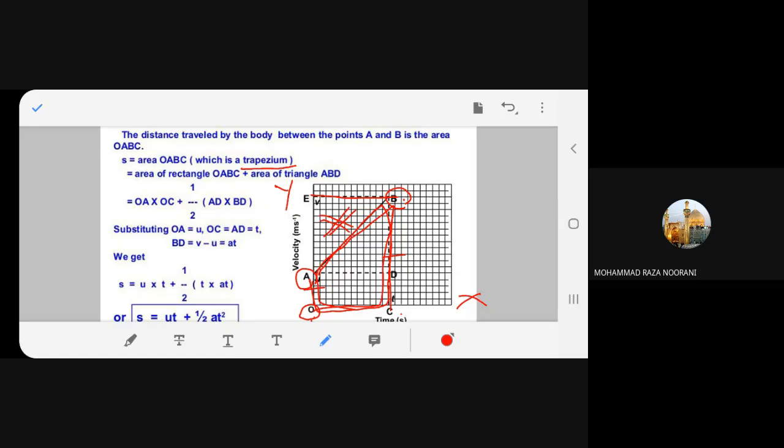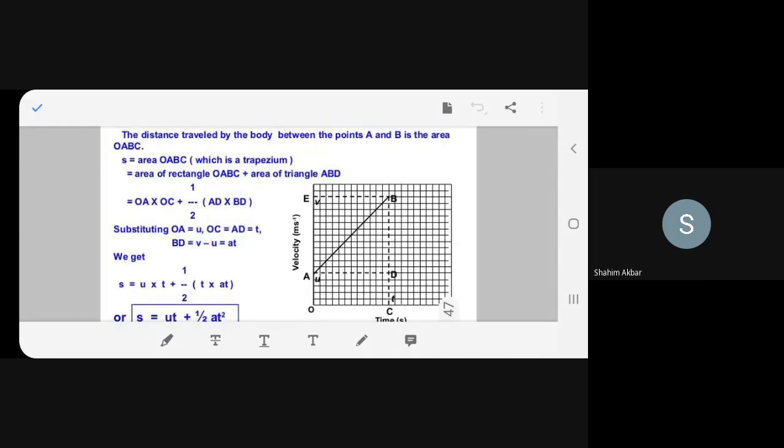I hope you know all these definitions. Yes, boys? So you know the definition, right?